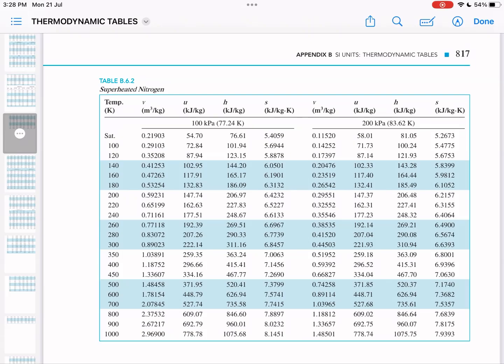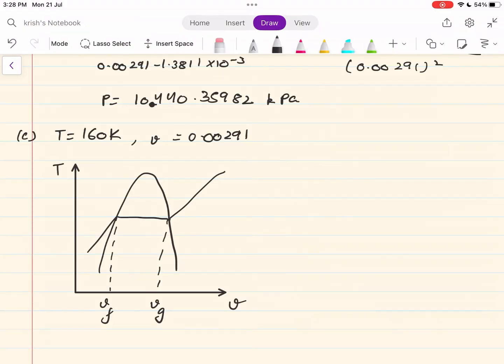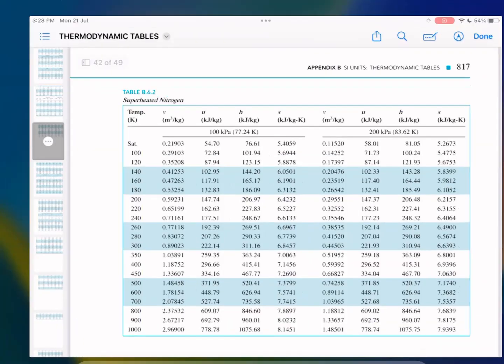What this basically means is that the first row of the superheated table will give us all of the values at this point. So while we will not be able to determine what the Vf value is, we will be able to determine the Vg, Hg, Sg, Ug, because the very first row gives us the values at this point, right?